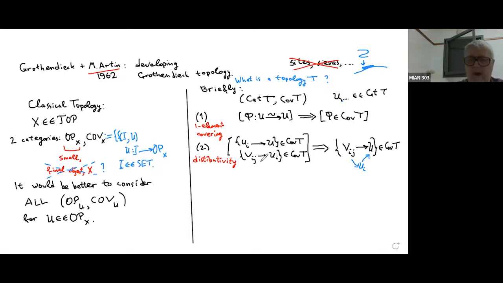Now, why is it called distributivity? We have not much time, so please think about it yourself. The blue is the color of questions, and I suggest you think about the classical analogs.